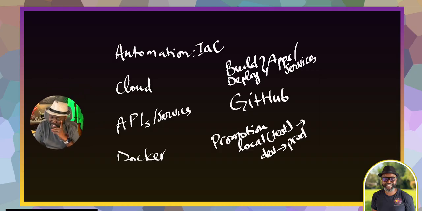Automation would be IAC. That's number 1. What else have we used to build, create, provision, or even destroy? What else did we use? GitHub. Docker. GitHub has something to do with that.